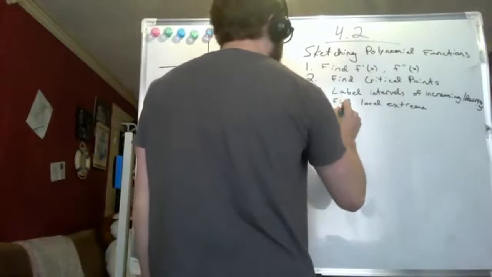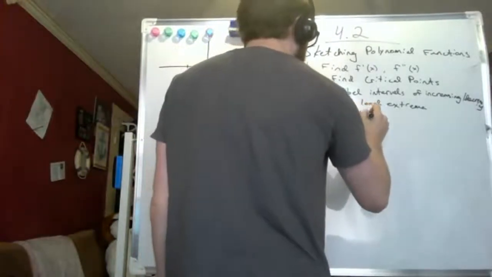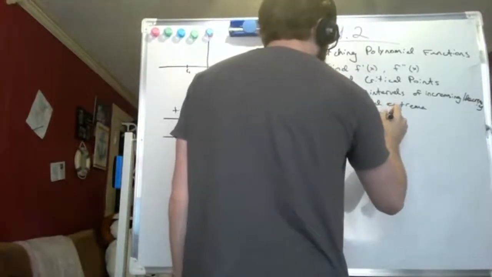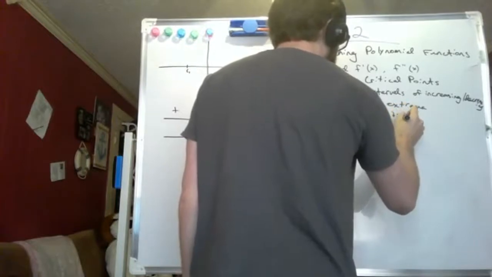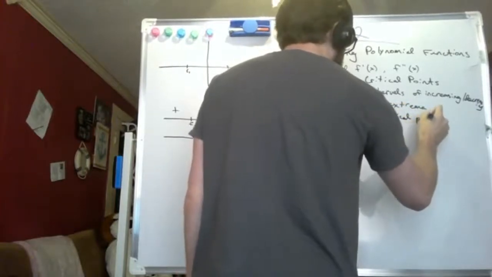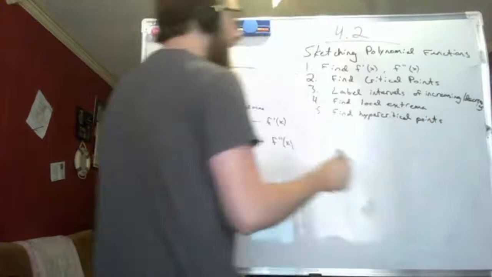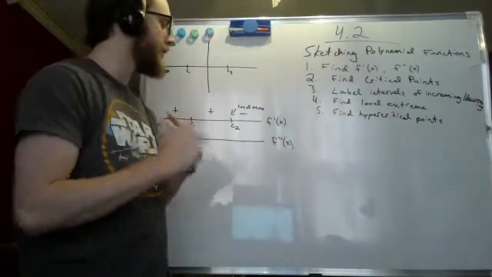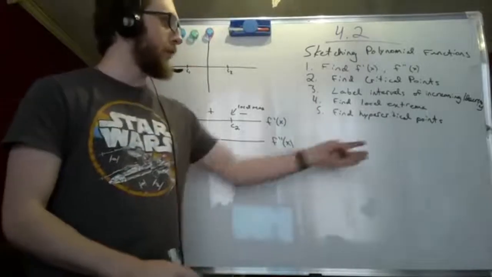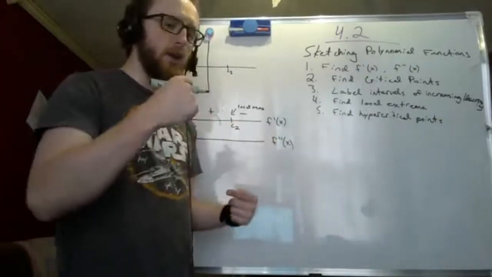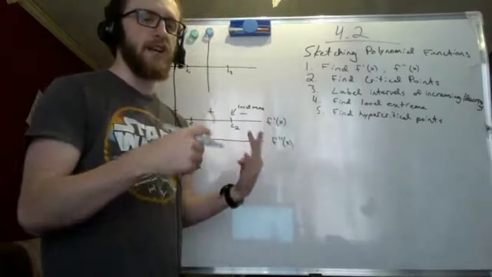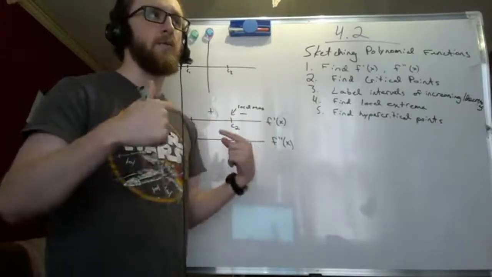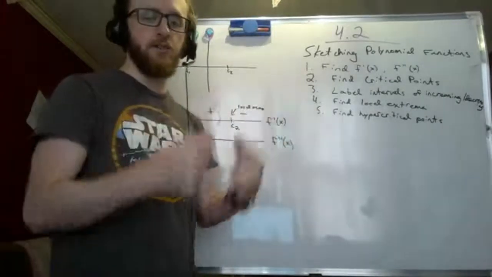Find hypercritical points. So this is where the second derivative is equal to 0 or is undefined. Hypercritical points are also useful for labeling, where do we have these places where the second derivative isn't positive or negative.